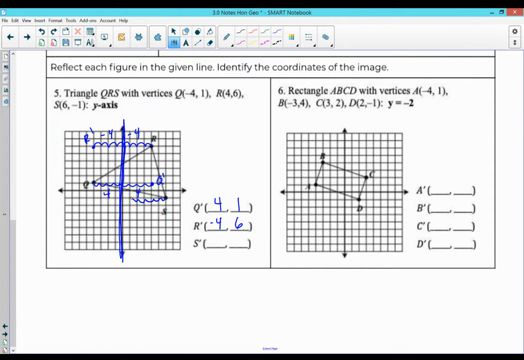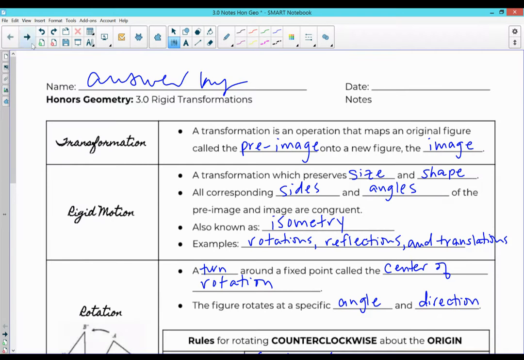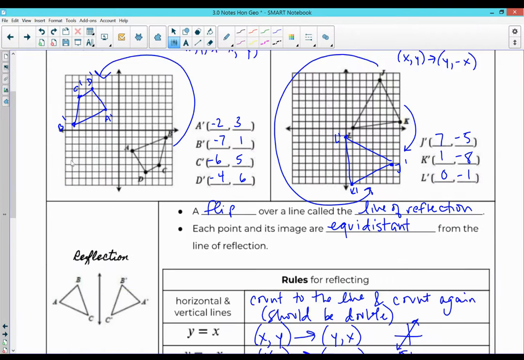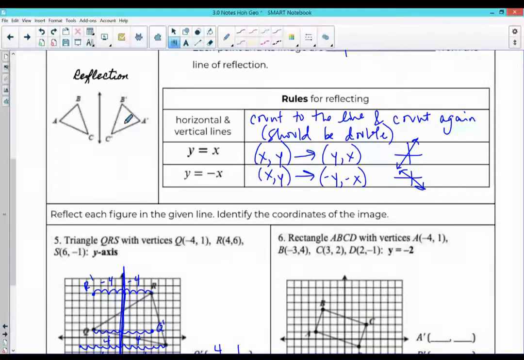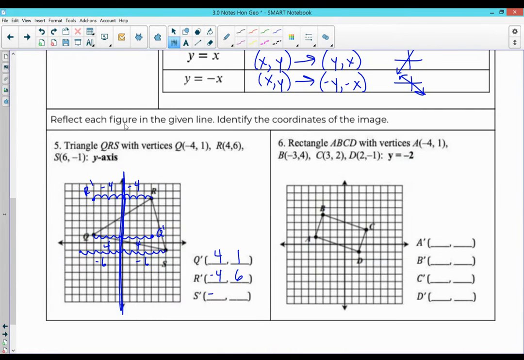I have to go left 6 and then left another 6, so subtracting 12 from that, negative 6. Nice, love when that happens. So I subtracted 6 and then another 6, so I'm at negative 6, still negative 1, and that's S prime.